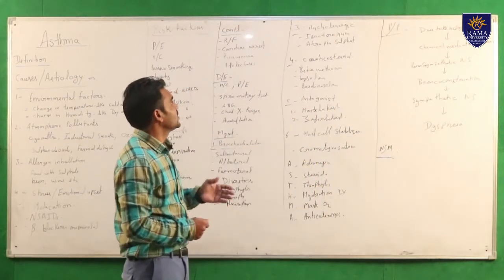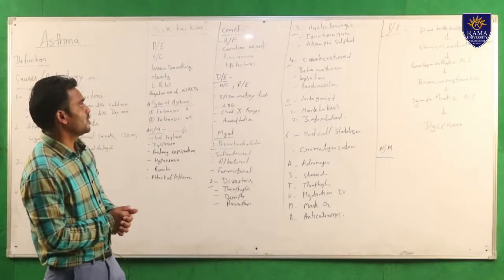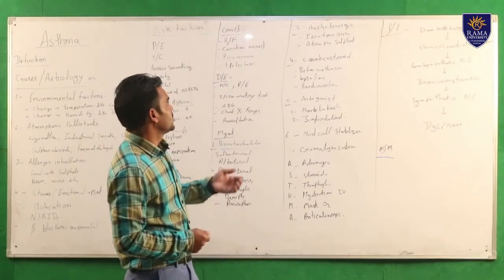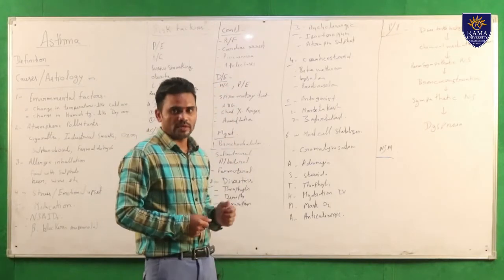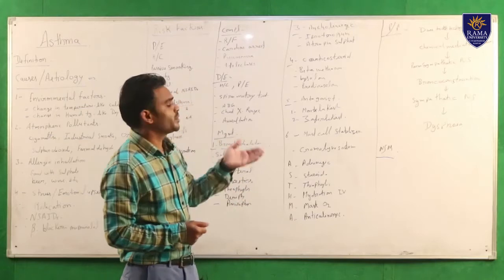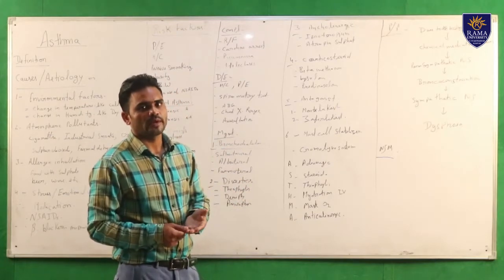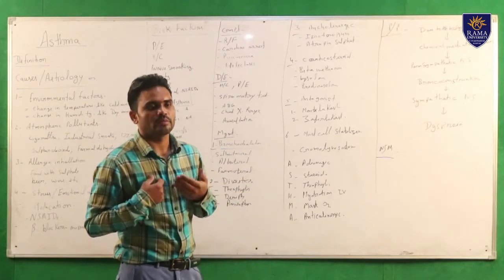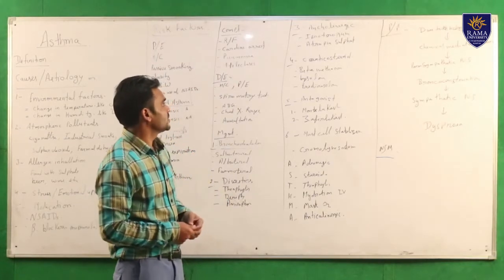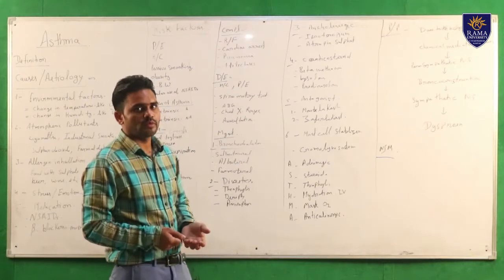Next, anti-allergic drugs, and atropine sulfate we will provide to the patient to relax the pulmonary muscles. And the next one is corticosteroids, which we will also provide.